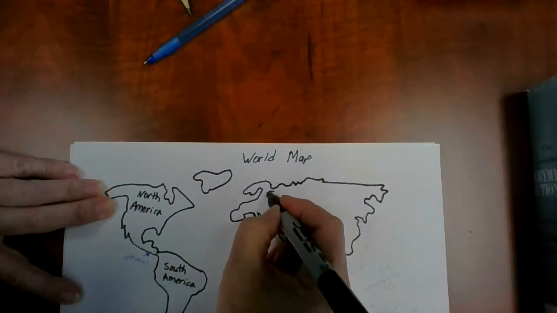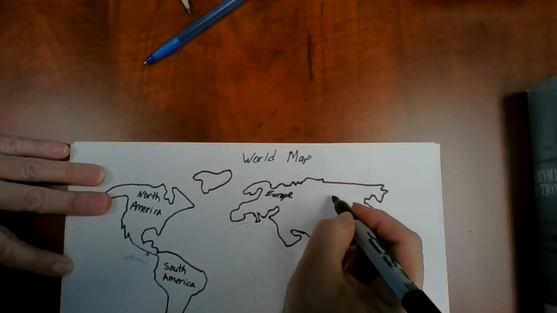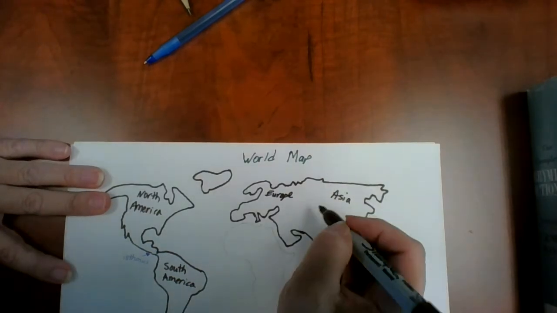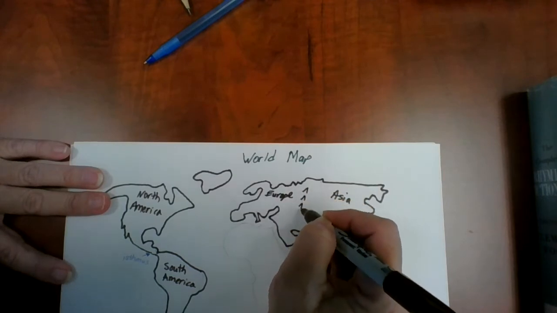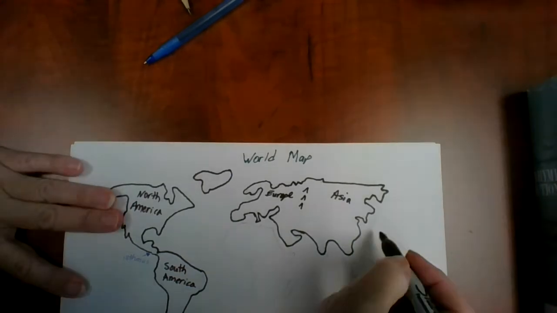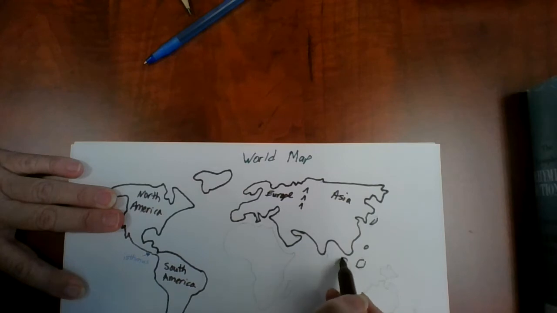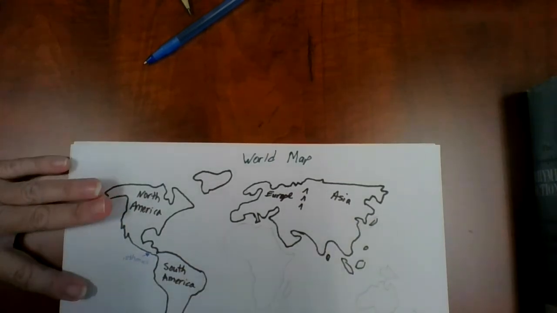So over here is Europe, and over here is Asia. And we have a lot of mountains in the middle, and that is really how we divide it. In Asia, there are a lot of different islands, so I'm drawing a few of them in there. This island is Sri Lanka. It almost looks like a teardrop off the coast of India.